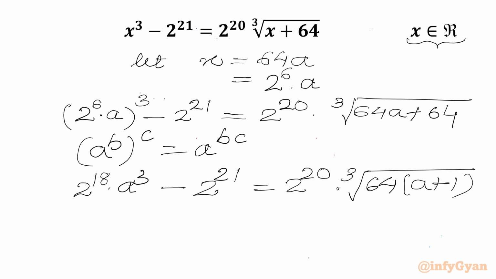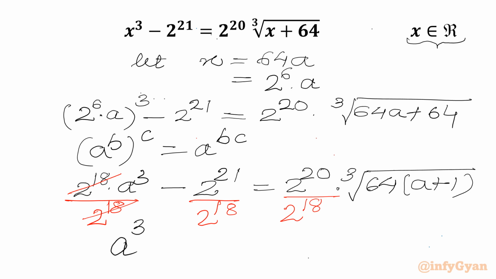Now let us divide our equation by 2 raised to the power 18. So here we can cancel 2 raised to the power 18 from numerator and denominator. So I can write a cube minus 2 raised to the power 21 over 2 raised to the power 18.